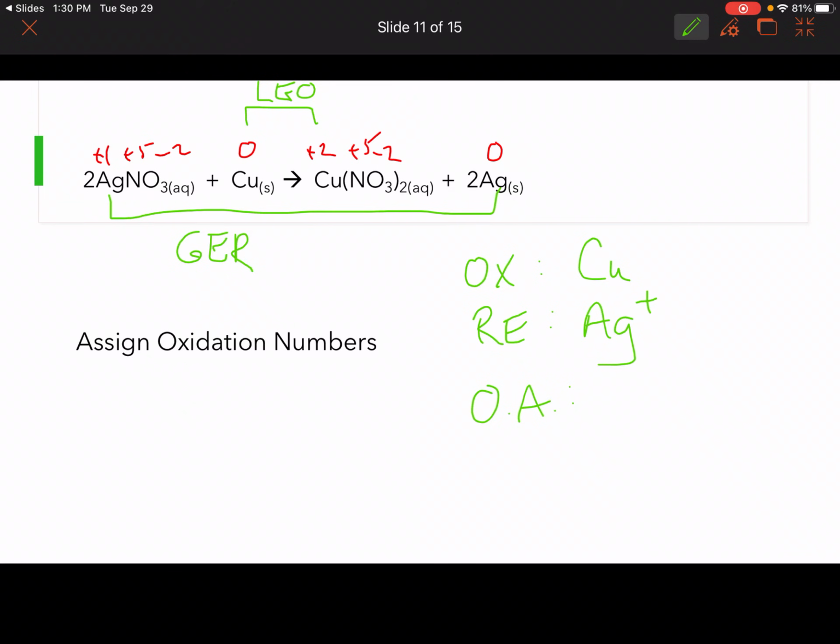So remember, the oxidizing agent is the thing that is reduced because it oxidizes the other thing. So the oxidizing agent is going to be silver, and the reducing agent is going to be the thing that is oxidized, which is the copper, because the copper reduces the silver. So this is going to be copper here. So that's how you would answer that question. Okay, you would have to answer those 4 species, and you do that by looking at the oxidation numbers.